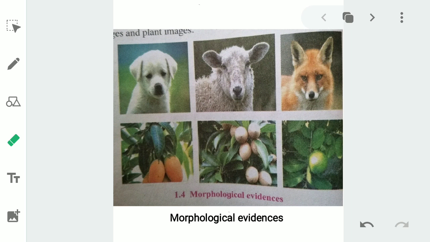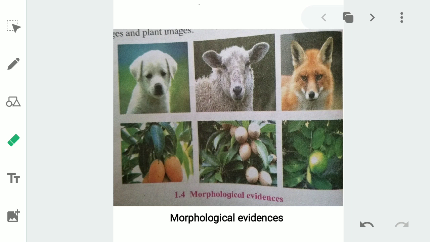The leaves are green in color, they have leaf blade, leaf venation, and they have leaf petiole. See how the fruits are grown, the bunches of fruits are somewhat similar. So this is the outer appearance, the visible external appearance we can see, that is called morphological evidences.